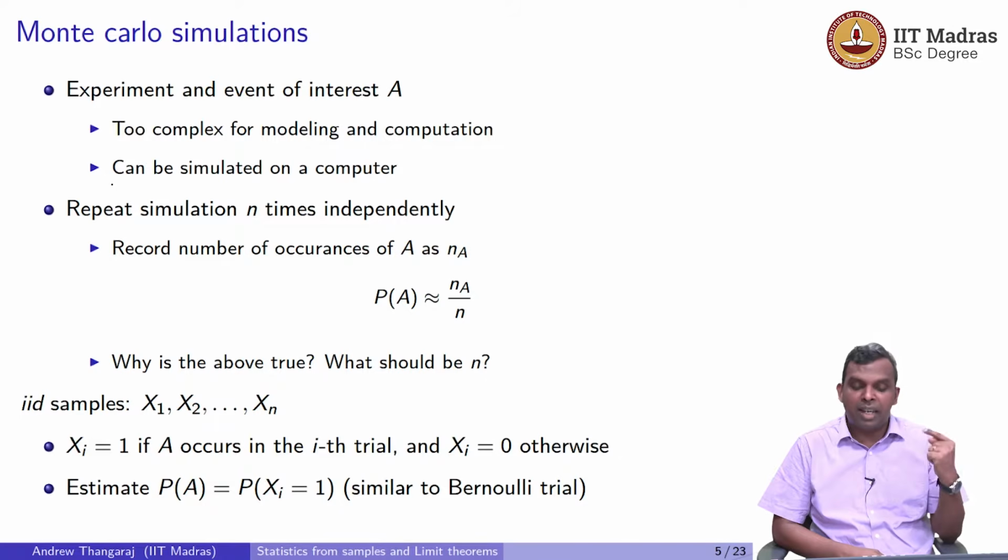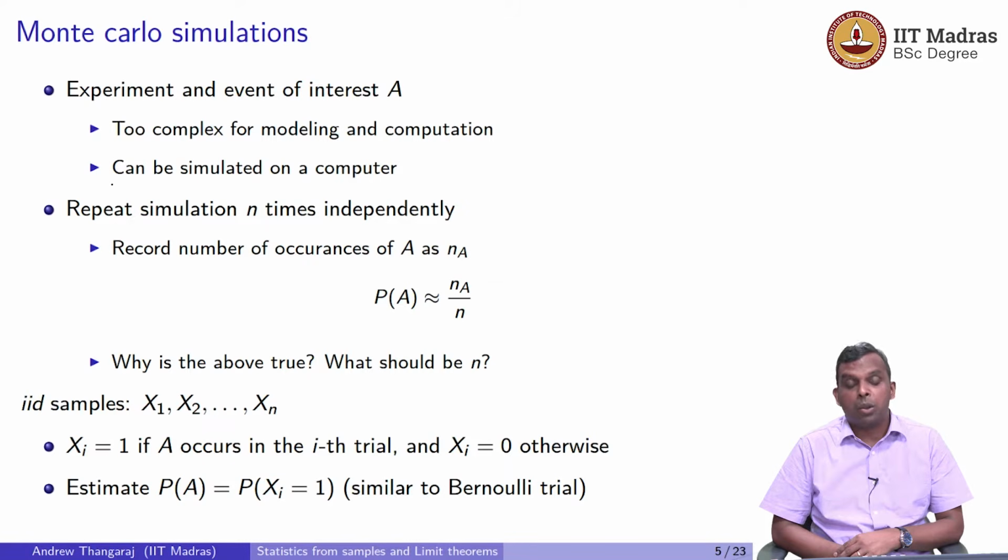You have to repeat the same simulation over and over again, and hopefully independently. So the computer had some way of generating some random things, and we assumed they were independent, and we repeated it multiple times, and we figured out how many times a particular event A occurred, and we measured the probability of A as approximately NA by N.